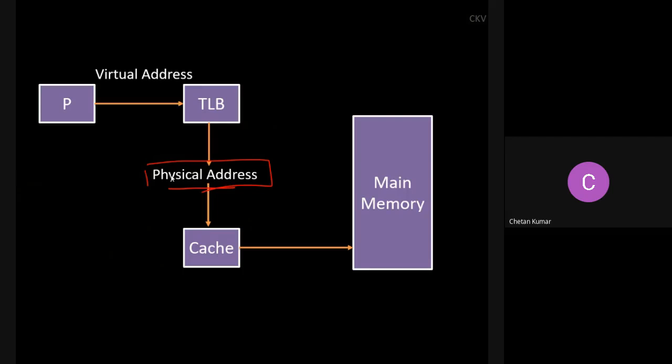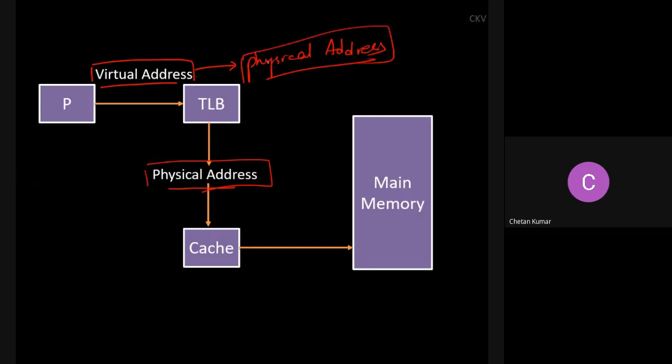TLB is only accessed when a cache miss occurred? No, no. Why would it be accessed if a cache miss occurs? Remember the initial thing that we are trying to do is converting a virtual address to a physical address. As the first step, we are trying to convert the virtual address to a physical address.